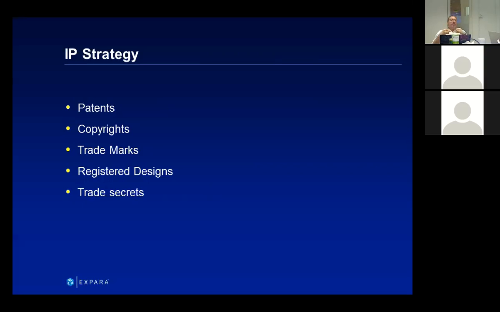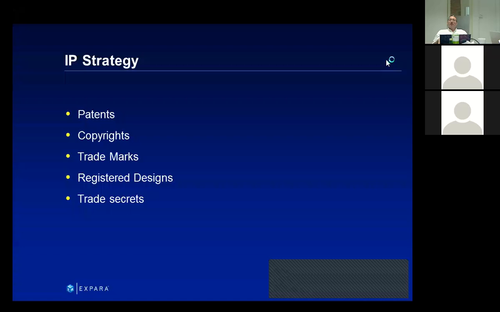So patents protect what? What type of intellectual property can we protect with a patent?